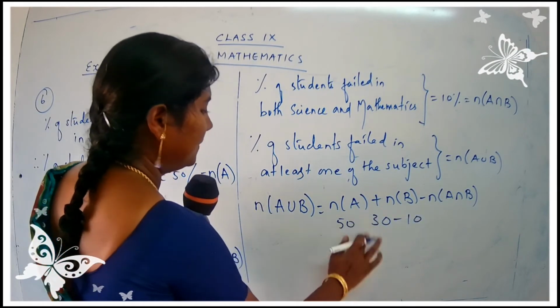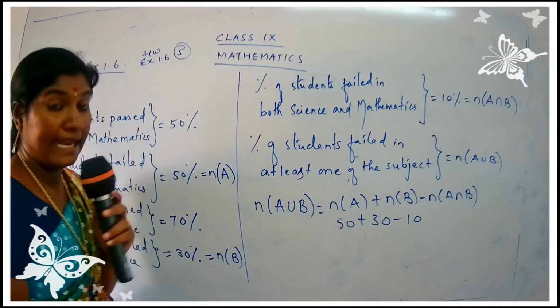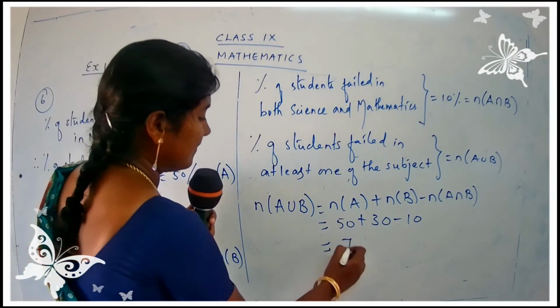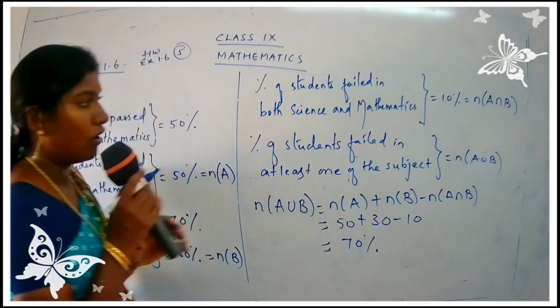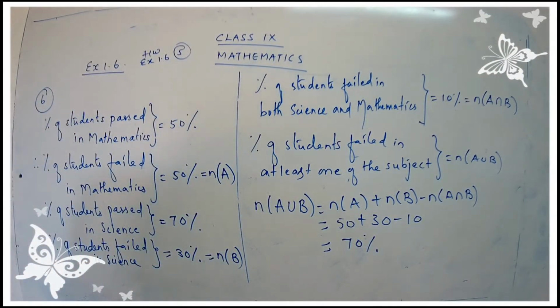So 50 plus 30 minus 10. 80 minus 10 is equal to 70 percent. So I got the value for the percentage of students failed in at least one of the subjects as 70 percent. Okay, I hope you were clear. We are just going very slow, children. So understand the concept. This type of question will be asked for 5 marks.